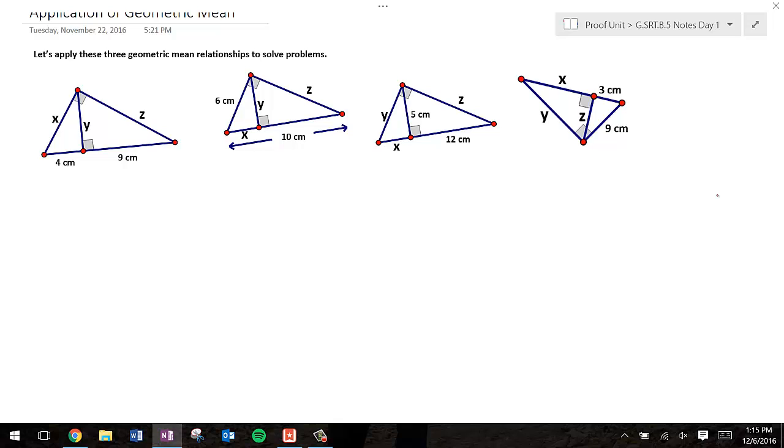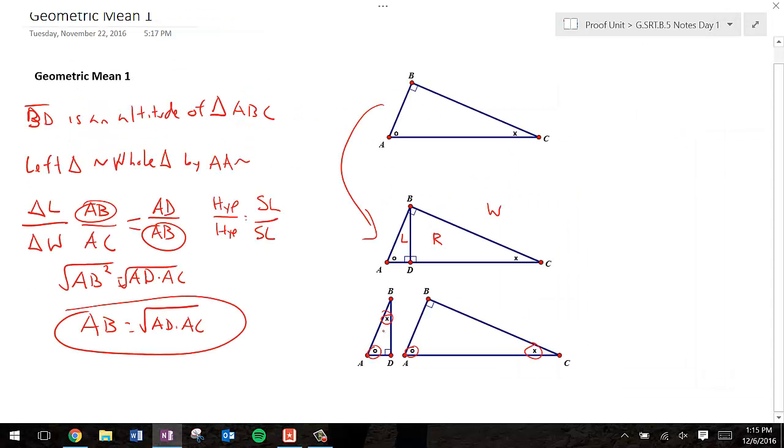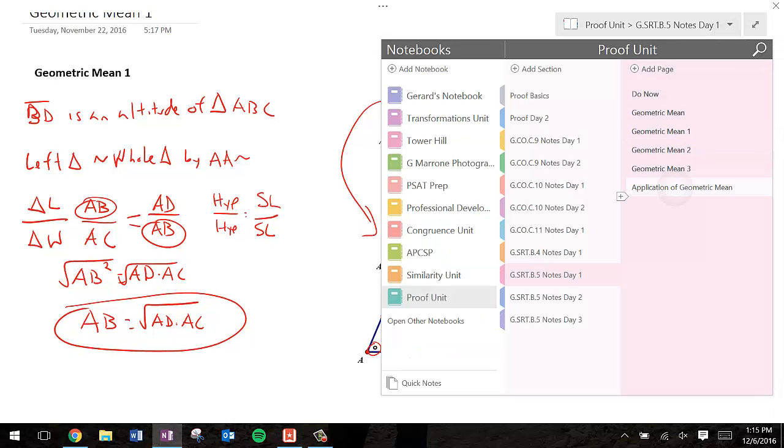So what I'm first going to do is, if I look at my x over here, x is my hypotenuse of the small one, and it's my small leg of the large one. So we can look back to our geometric mean 1. We're using the left triangle and the large triangle. And in that case, we did hypotenuse over hypotenuse and short leg over short leg.